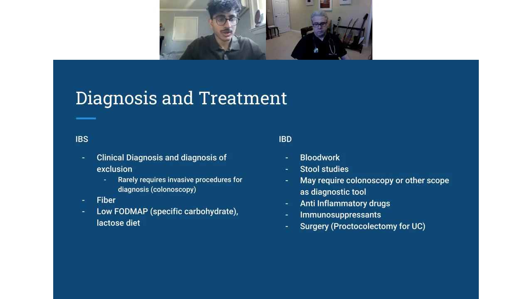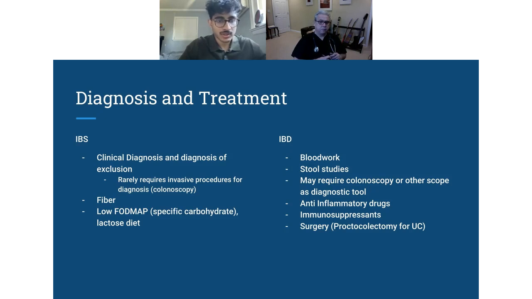And it rarely requires invasive procedures to diagnose, like a colonoscopy, although they might want to do it to rule out something like inflammatory bowel disease. For treatment, generally starting your child on fiber supplementation and a low FODMAP diet, which we'll get into in just a second, and diet modifications to lactose can really help their symptoms.